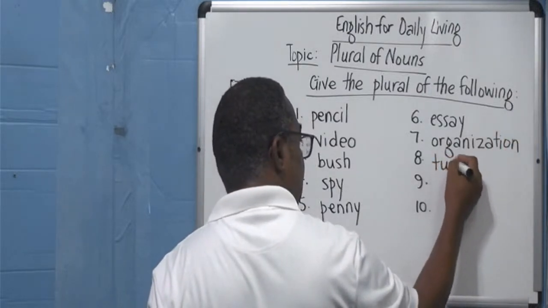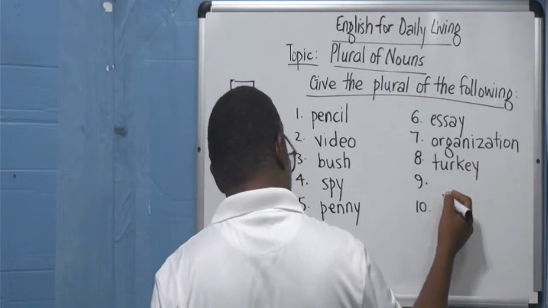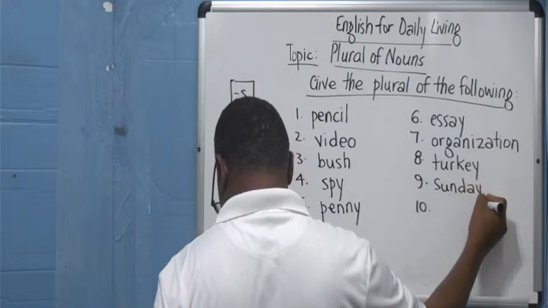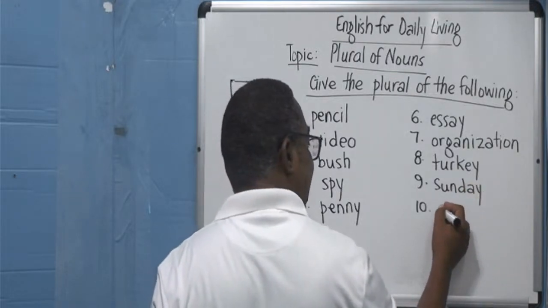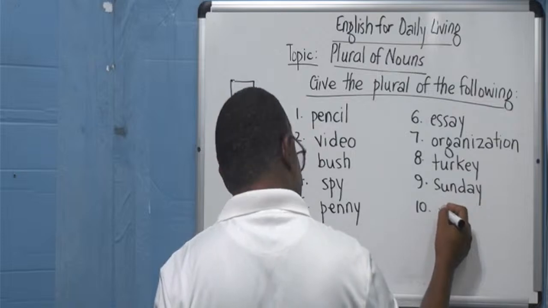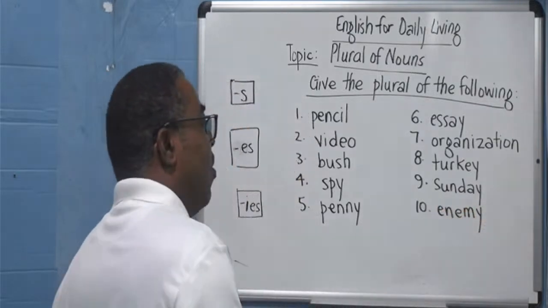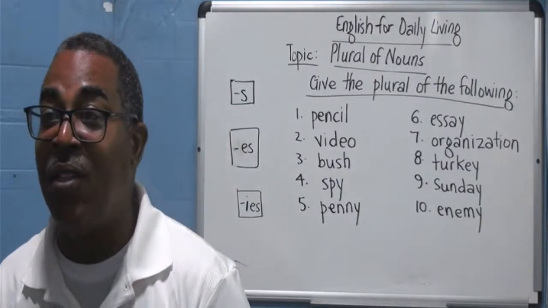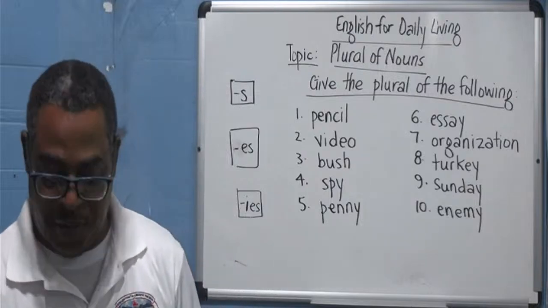Turkey. Sunday. And enemy. Okay, let's write the plural of those words very quickly. You have 30 seconds in which to do so. The clock is ticking.